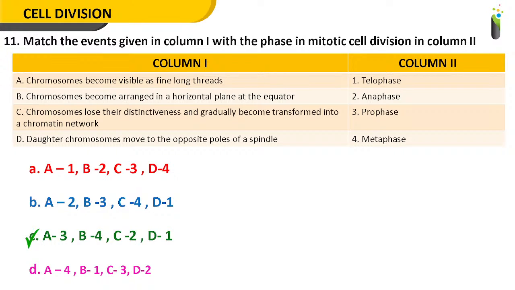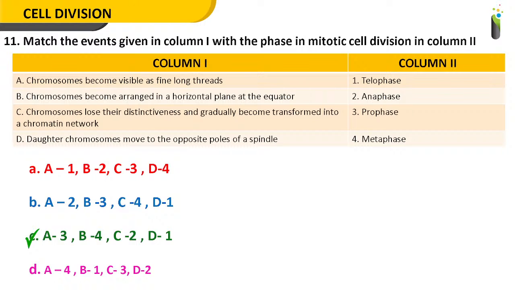So there is going to be slight confusion in your mind about these options. Then start trying out to solve. D, daughter chromosomes move to the opposite poles of a spindle. So ideally, this should be anaphase. So here again there is a slight confusion. So please remember A should be matched with 3, B should be matched with 4.